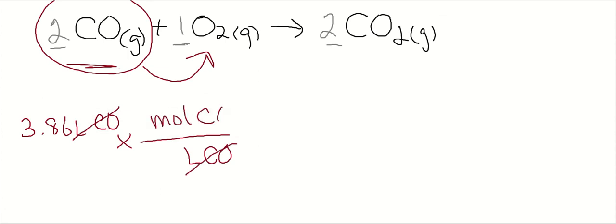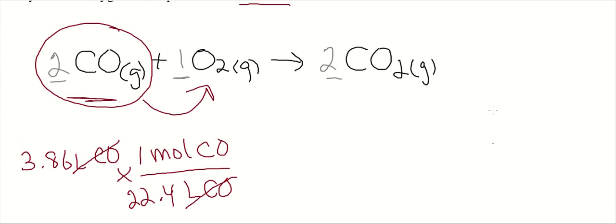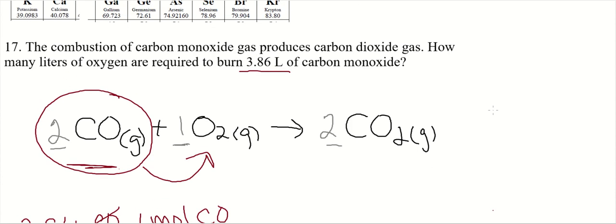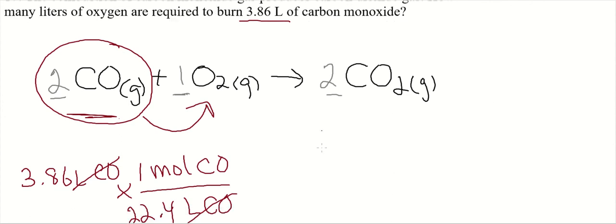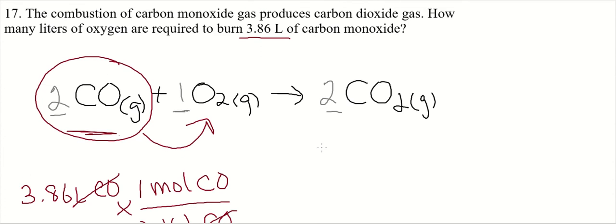And moles is the desired unit, so we're going to put that on the other side. 1 mole is equal to 22.4 liters of any gas at STP. All your problems for now are going to be at STP if it's a gas. Later on we'll learn that temperature and pressure will change. I believe that's actually our next chapter, but for now everything's at STP.